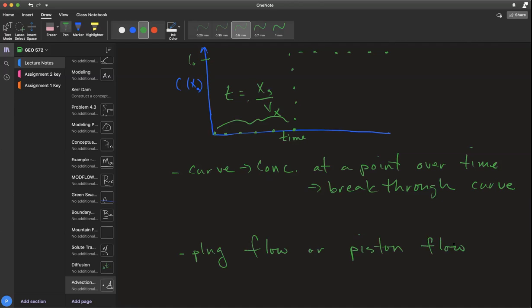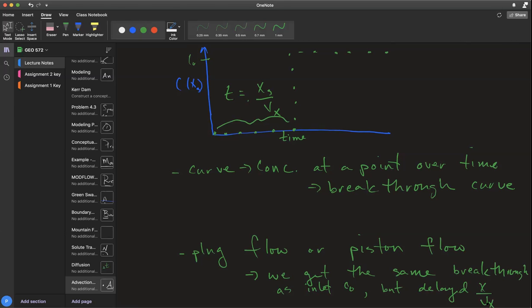And that just means we get the same breakthrough as the inlet concentration, but delayed by x over v_x.